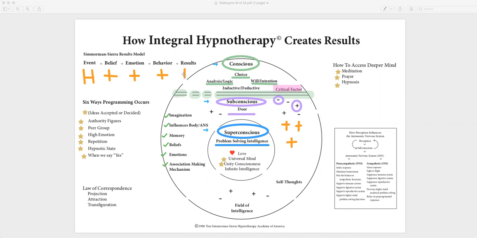You will then receive positive results, which ends up that your critical factor will relax and will allow all of this positive affirmations, positive imagery that we create in your session, and will allow all of those positive things to show up by us doing the work together and creating your positive behaviors and results.